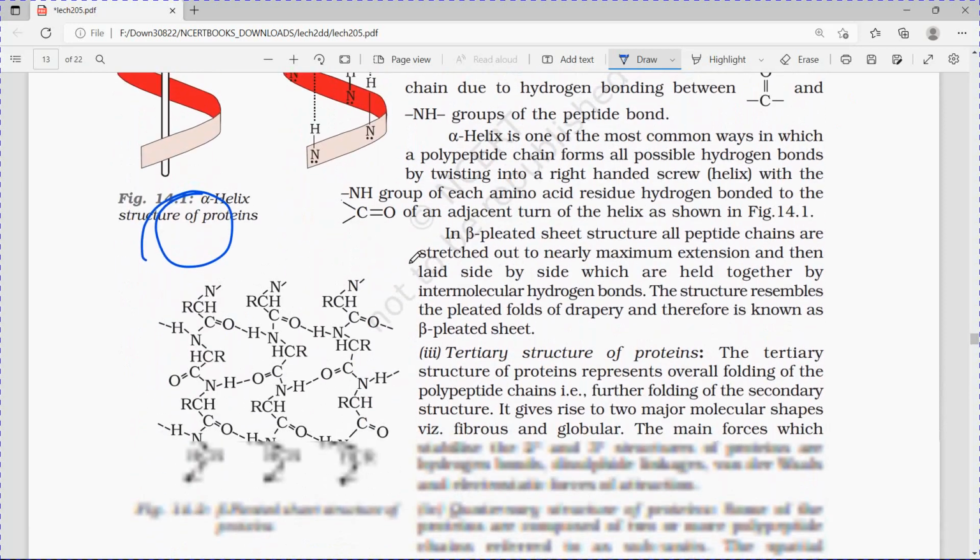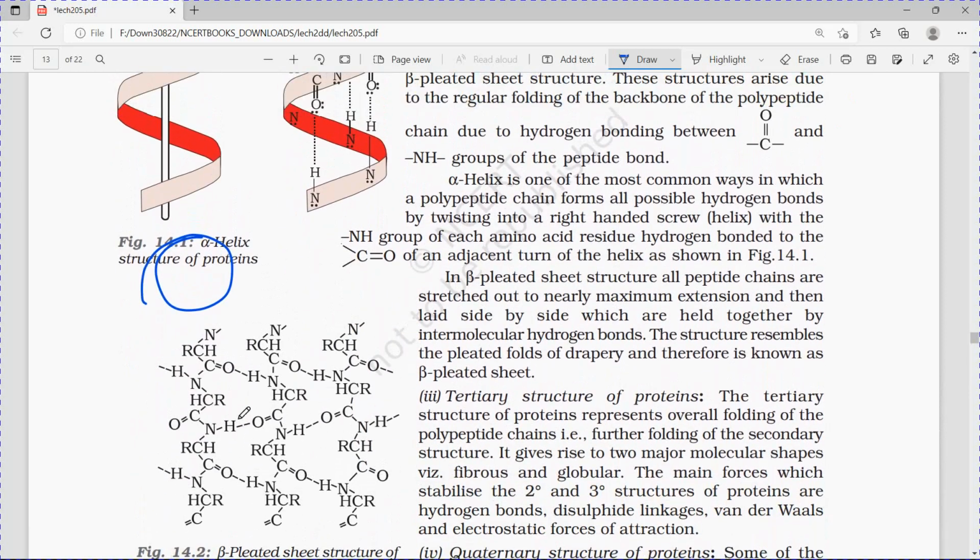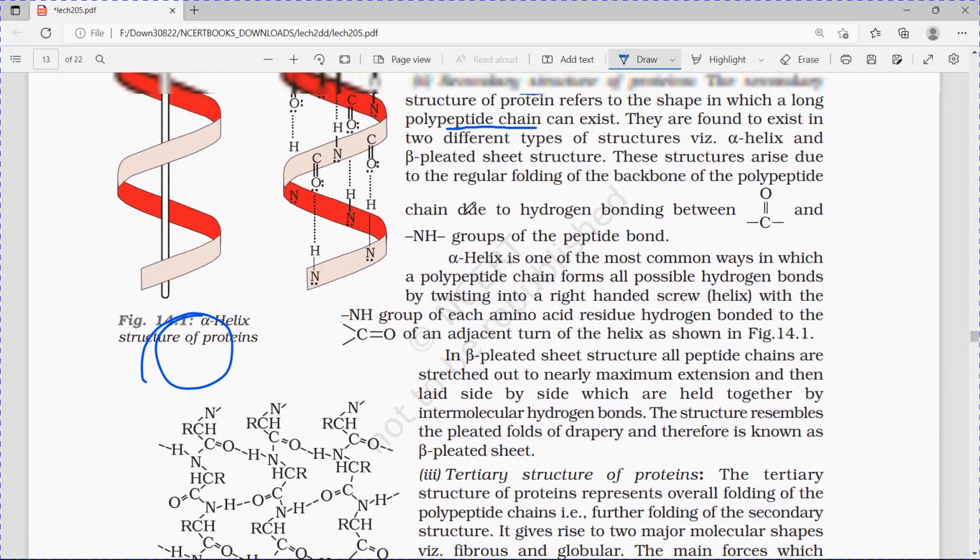Beta pleated structure means there will be hydrogen bonds in between. Let us dive into the detail. This structure arises due to the regular folding of the backbone of the polypeptide chain due to hydrogen bonding. Both of these structures arise due to the hydrogen bonding between the C double bond O and the NH groups of the peptide bond.